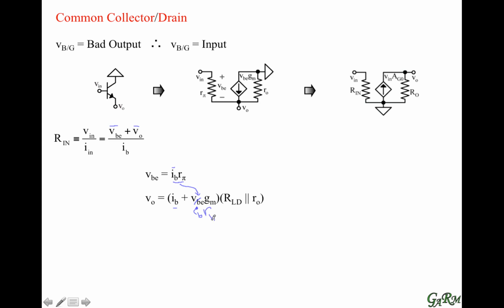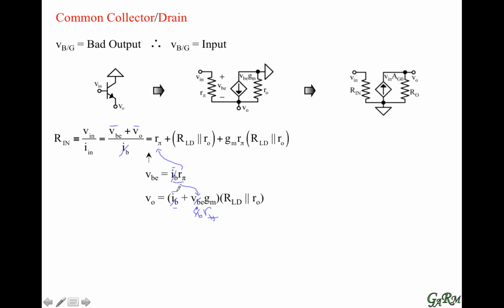So we can cancel all the base current components from the numerator and denominator; we divide top and bottom by that. When we get the equivalent expression, from the base emitter voltage term we only have an R pi, so that appears here.